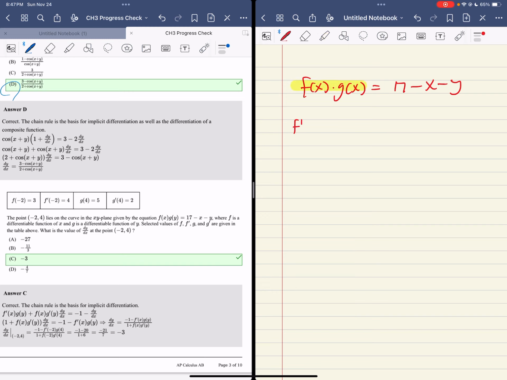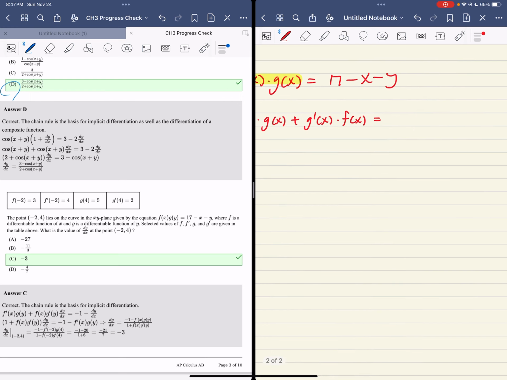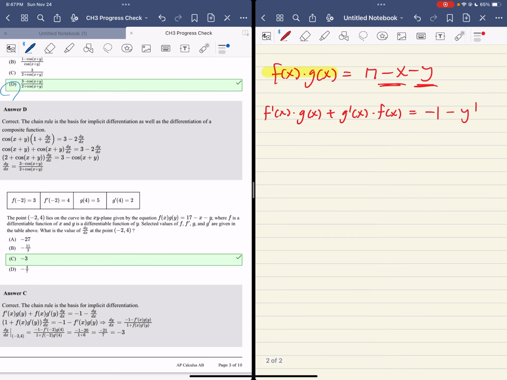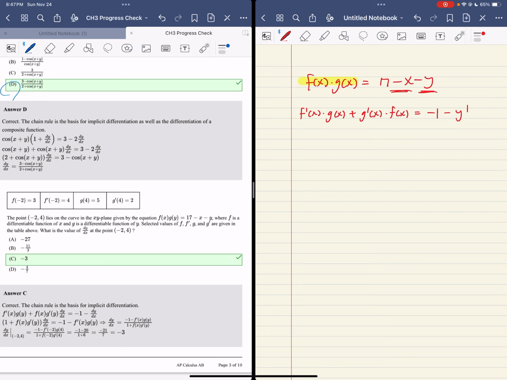So it's going to be f prime of x times g of x plus g prime of x times f of x equals 17 disappears, negative x becomes negative 1, negative y becomes negative y prime. So we want to find where the point is at negative 2, 4. So now instead of x, I'm going to plug in negative 2.